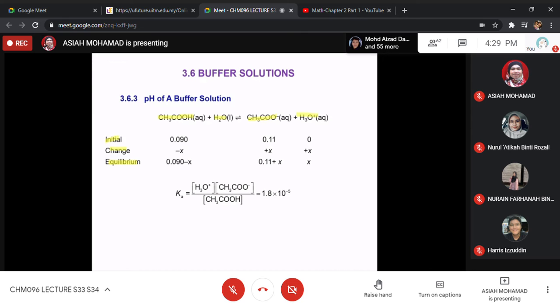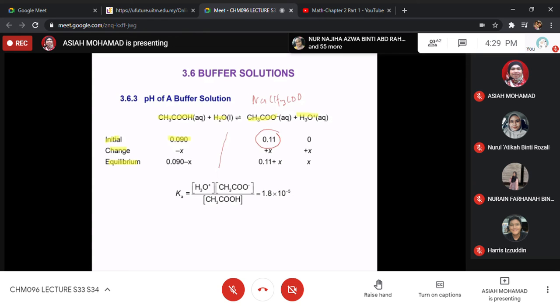Since you know the initial concentration of the acetic acid, we just write down 0.09 here. We can ignore the concentration of the liquid water. What makes this ICE table different from the regular ICE table that you have learned before is that you have the initial concentration of the acetate ion contributed by the salt, which is sodium acetate.